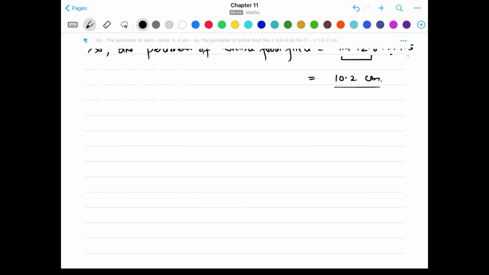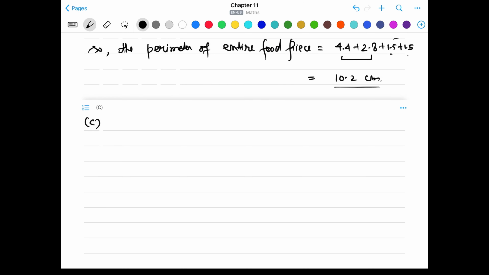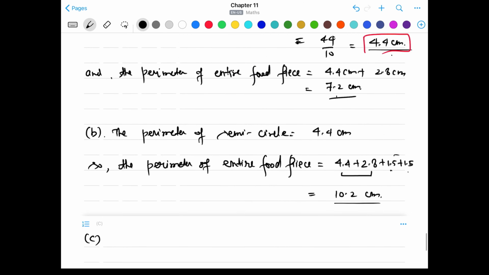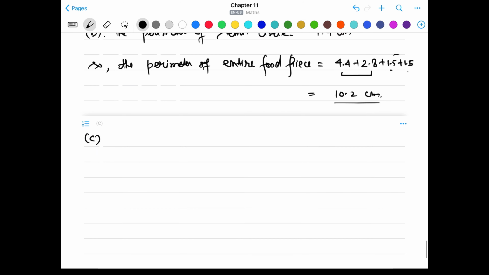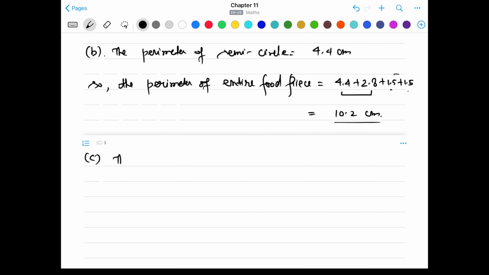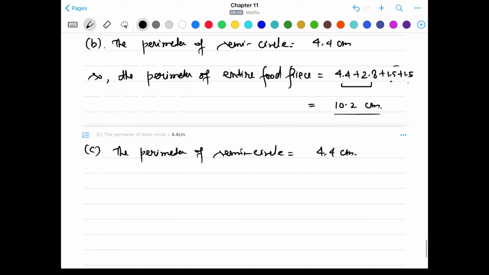Okay, let's see for the food piece C. For this again we have the semicircular part, and then these two straight lines, which are 2 centimeter and 2 centimeter. So directly we'll write the perimeter of semicircle is 4.4 centimeter.